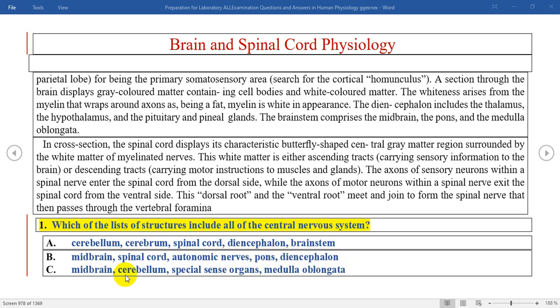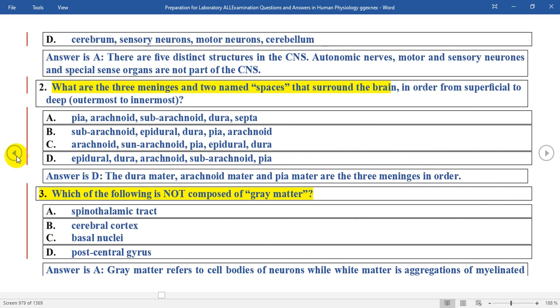C. Midbrain, cerebellum, special sense organs, medulla oblongata. D. Cerebrum, sensory neuron, motor neuron, cerebellum. Correct answer is A.